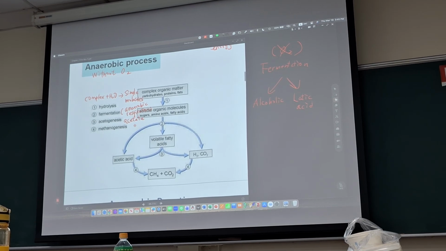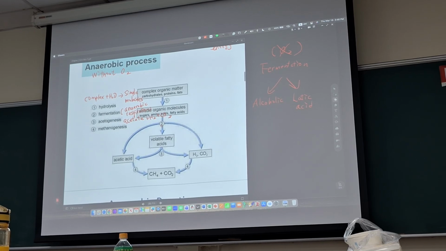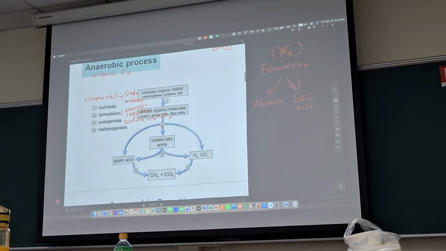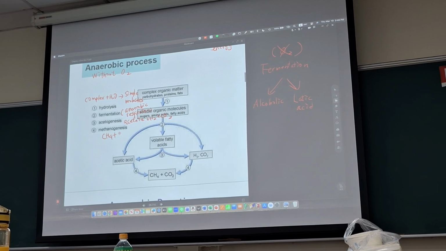The product of the acetogenesis is acetate plus hydrogen plus carbon dioxide. So methanogenesis will produce methane and carbon dioxide.